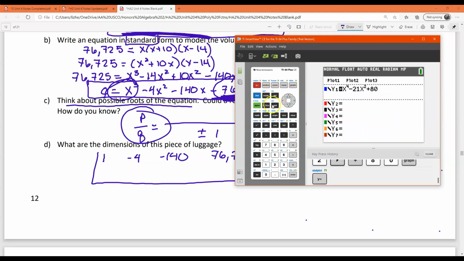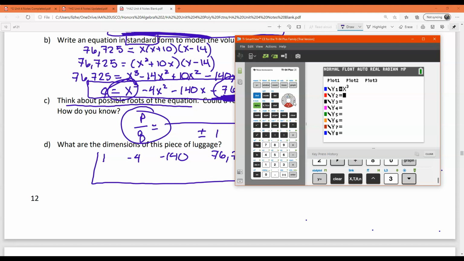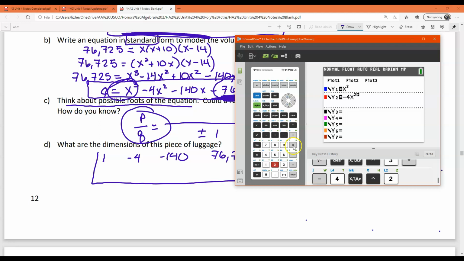We want to clear. Okay. And so we have x cubed minus 4x squared minus 140x minus 76,725.